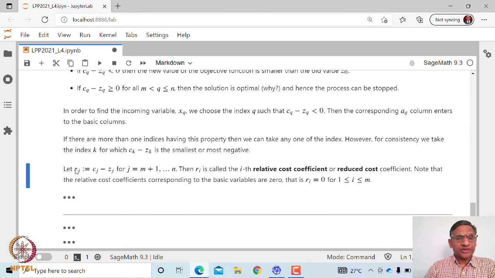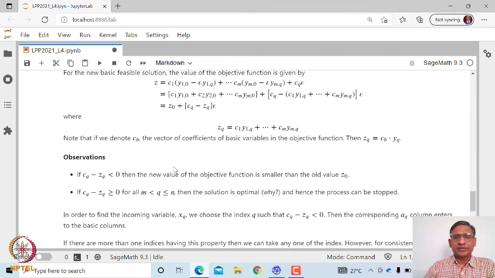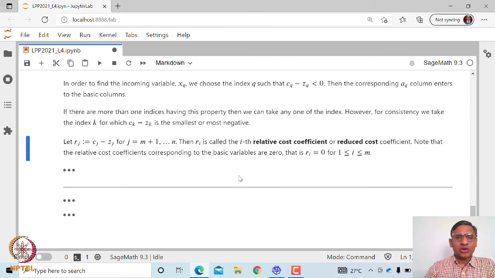Now these values Cj minus Zj, which we have defined here, are called relative cost coefficients or reduced cost coefficients. If the relative cost coefficients are all non-negative, then we have reached the optimal solution. If some of them are negative, then the current solution is not optimal and you need to go forward.